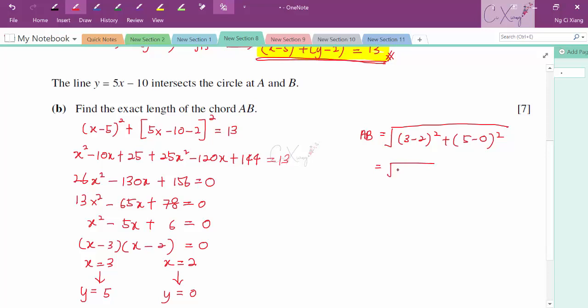So if you further simplify it, we'll have 1 plus 25, and therefore the exact length for AB will be root 26. Okay, so this is how we get the length of the chord AB in the exact form.